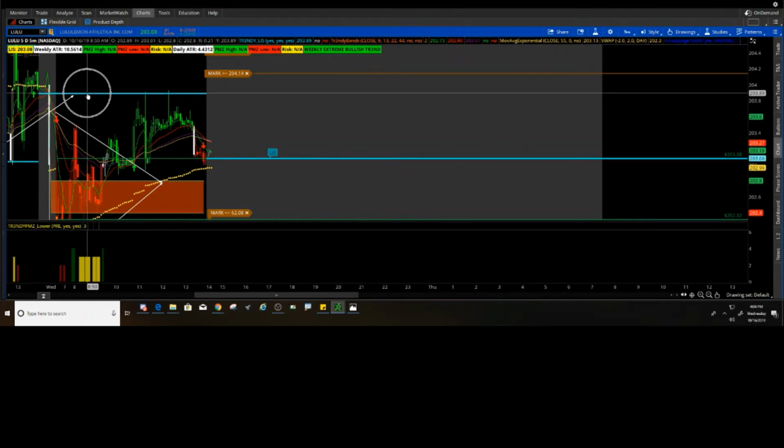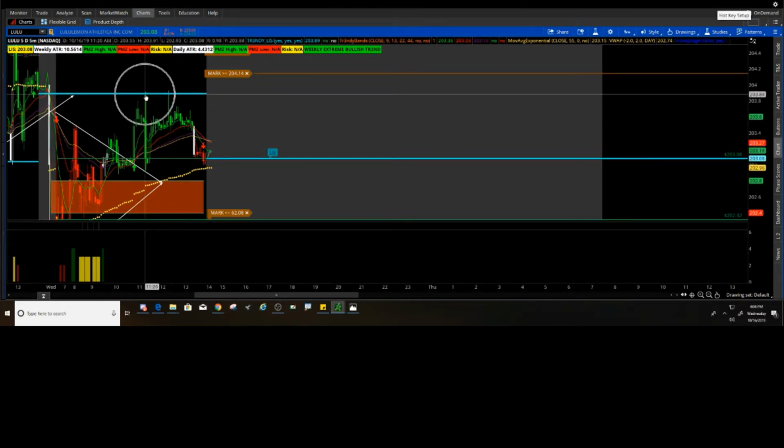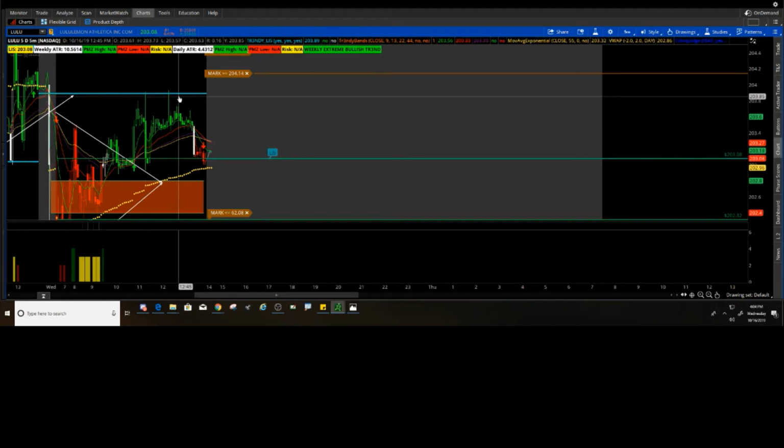This is the line in the sand for today, which is Wednesday the 16th. You can see that price broke out of the PMZ, and again, you will learn about the PMZ. And because price was underneath, you can see that it was resisted here at the line in the sand.